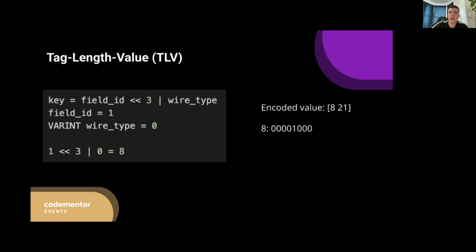First, we take the field ID and shift it 3 bits to the left, and then we add the wire type. In our case, the wire type is 0. So we have field ID 1, shifted left by 3 bits, plus 0, which results in 8. And this is the reason why the encoded value is 8, but not 1.